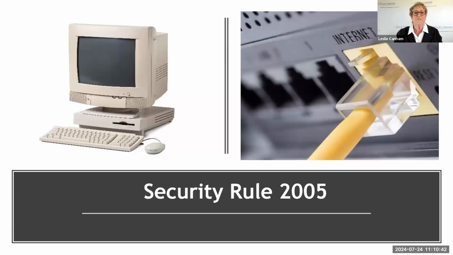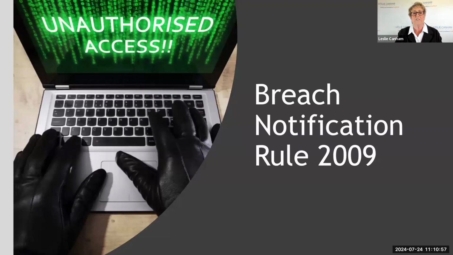But then just a few years later, the security rule kicked in, and that's where more dental offices were online and transmitting insurance claims and communicating with patients by email. And then a few years later, the breach notification rule became effective. The breach notification rule recognized that this data that's going back and forth electronically could easily be breached.